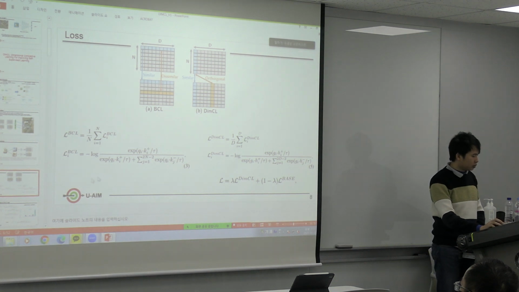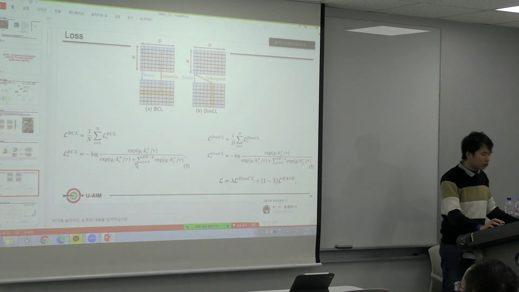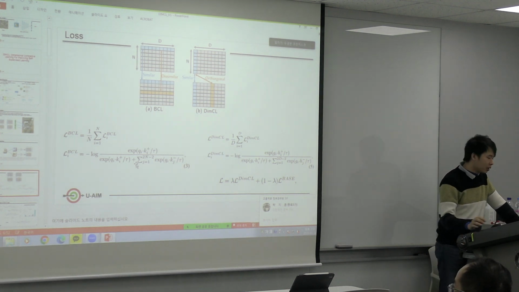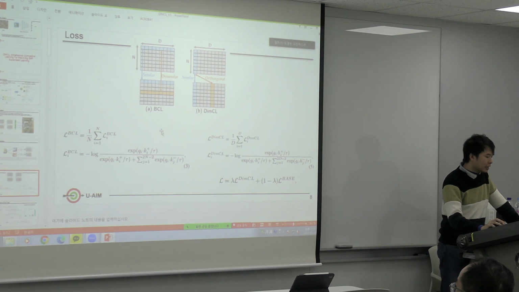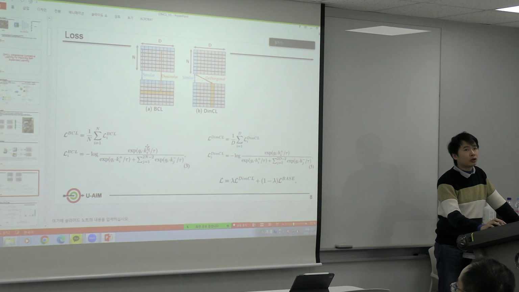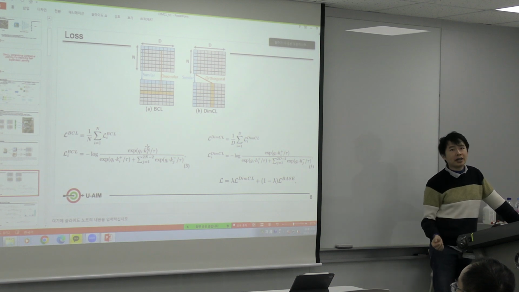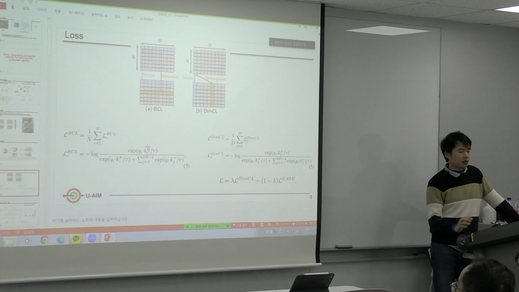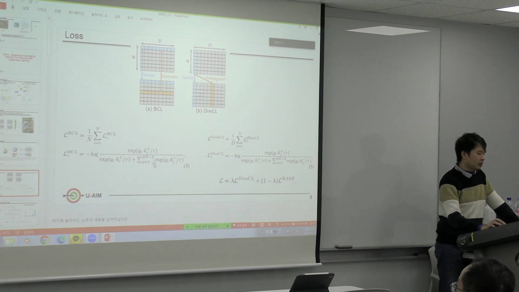Let me introduce a little bit about contrastive learning for people who don't know it. As I said before, contrastive learning tries to make the representation vectors of augmentations from the same image similar, and different if the representation vectors come from different images.